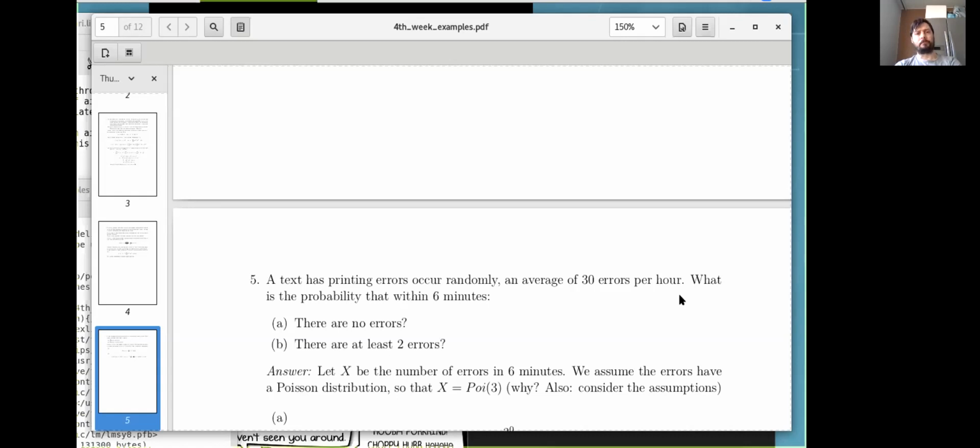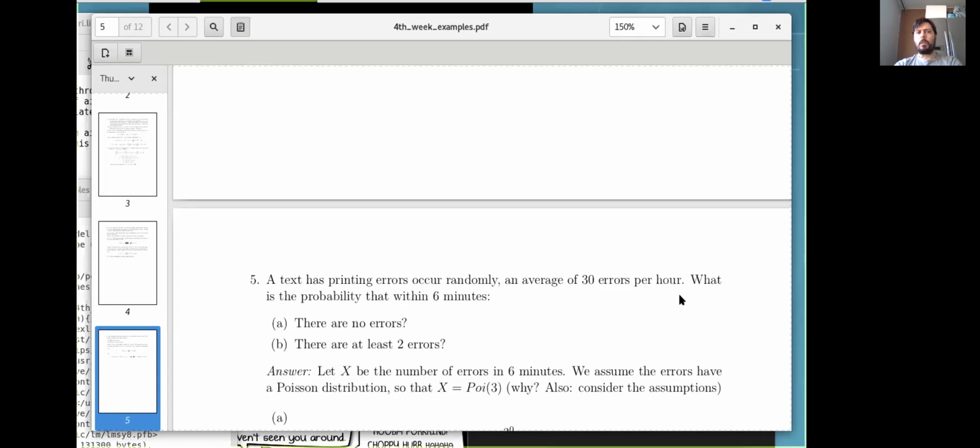Let us recall. There were 3 things that need to happen. It's a fixed number of events that happen, random being, of course, but an expected number of events that happen in a certain time interval, and then it's independent of the time at which we look at them. So in every hour, we get 30 errors, and we assume that that's the way it goes.